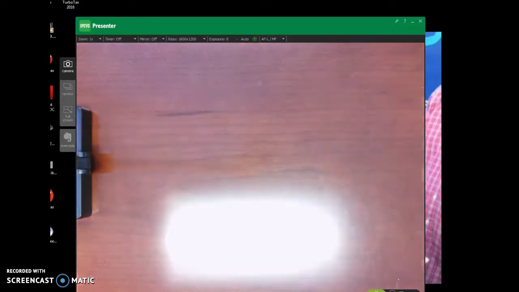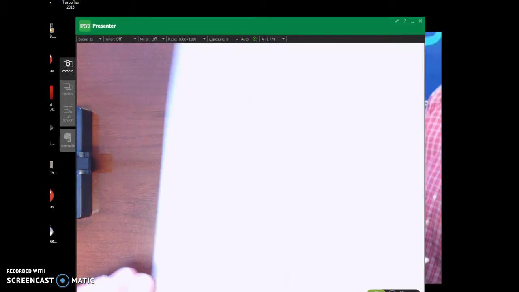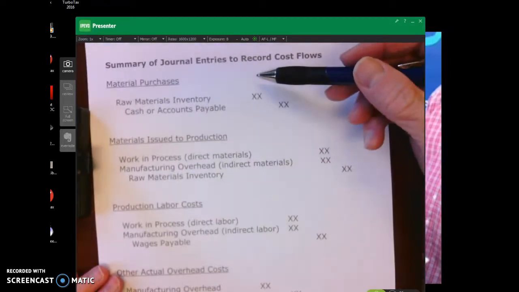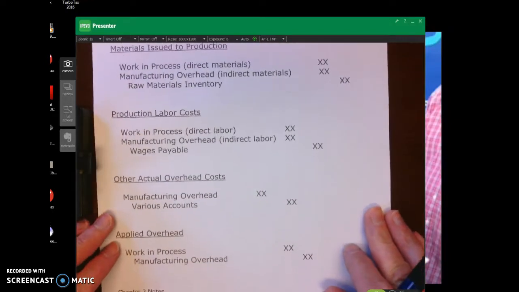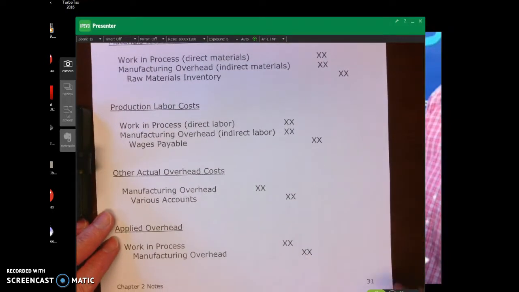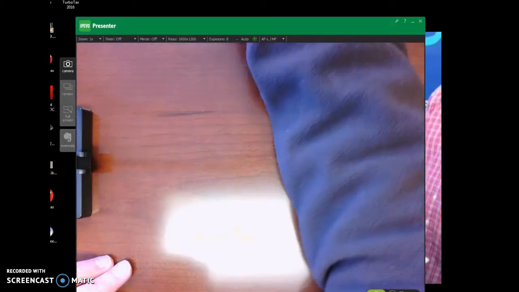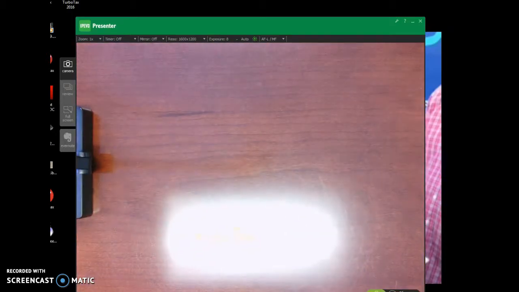Okay? And then we can talk about our summary of our journal entries right over here. I'm not going to go over every single one of these. You can see these just as well as I can, and we've gone over these quite a bit throughout the chapter, but pages 31 and 32 is a good summary of all the journal entries that we've talked about so far. Okay?